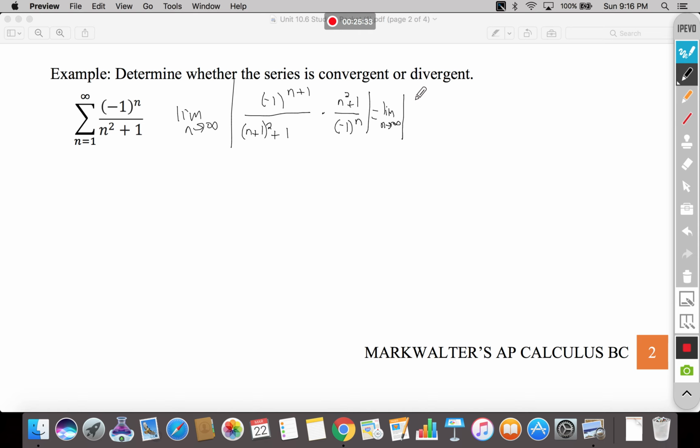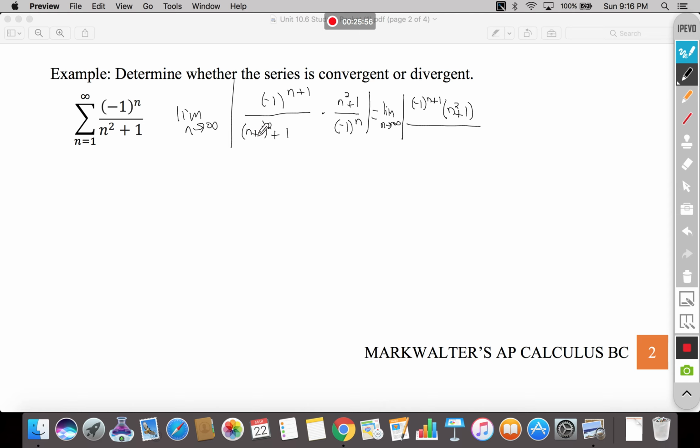Okay, so for now, I'm going to keep the negative 1 to the n plus 1, times n squared plus 1. I'm just keeping everything up top. And that's going to be over n plus 1 squared plus another 1.